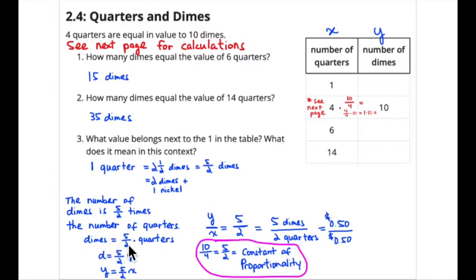So the number of dimes is equal to 5/2 times the number of quarters. That's the same as y equals 5/2 x. So you can use this language to get to this equation, y equals 5/2 x.